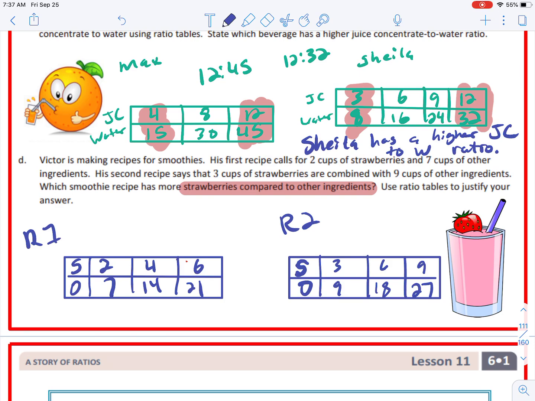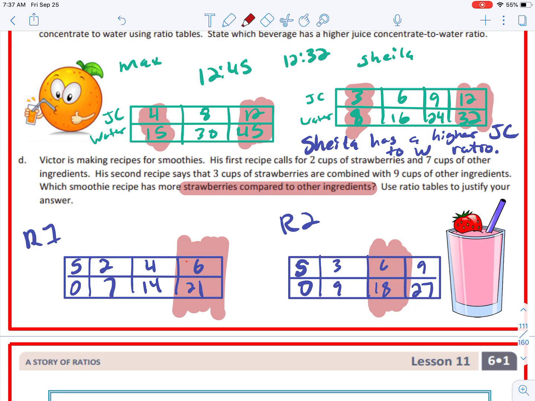Recipe 1, would any numbers match? Do any numbers match on both of these ratio tables? If you said 6, then you are correct. We see it here. So now we can compare and realize which recipe has more strawberries compared to other ingredients.